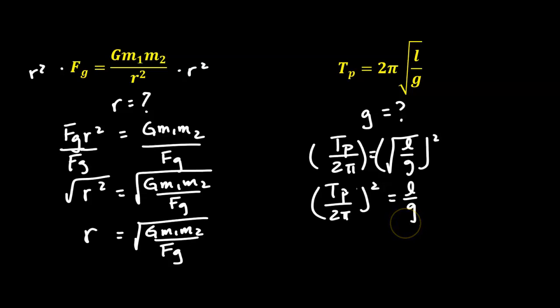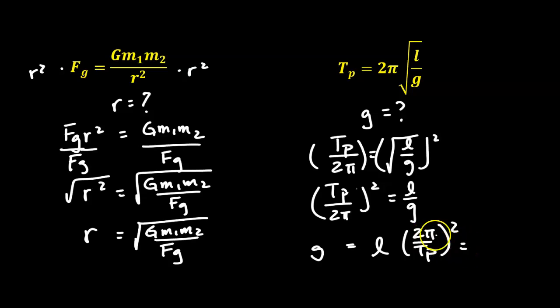I want to get it in the numerator, so I'm going to multiply G on both sides, and that's going to give me G is equal to, and then I'm going to divide both sides by this TP squared over 2 pi, so that's going to go on my right-hand side. So it's going to give me L, which is the length of the pendulum, times, and notice that I'm dividing this, so it's going to be flipped, so 2 pi over TP, and this is still squared.